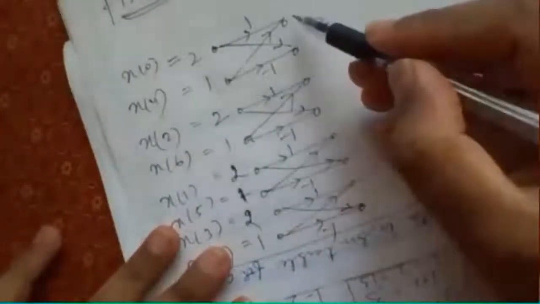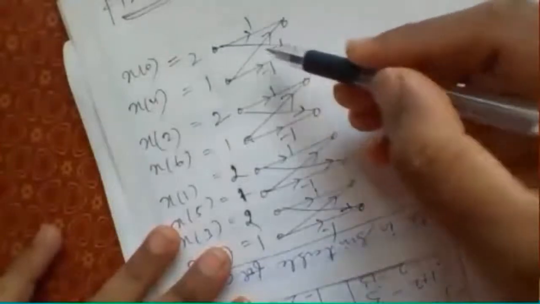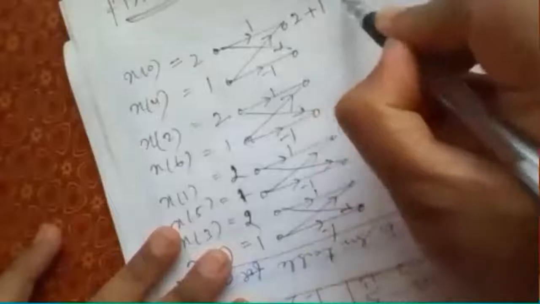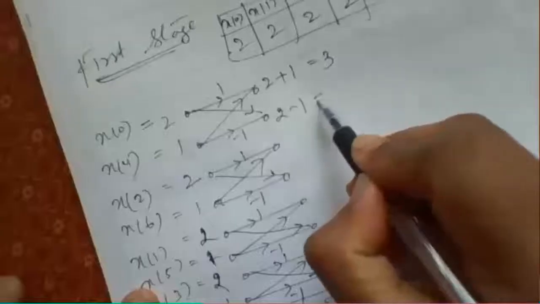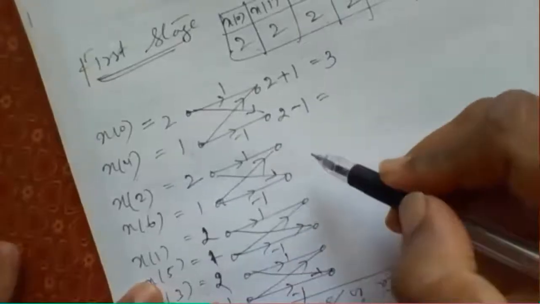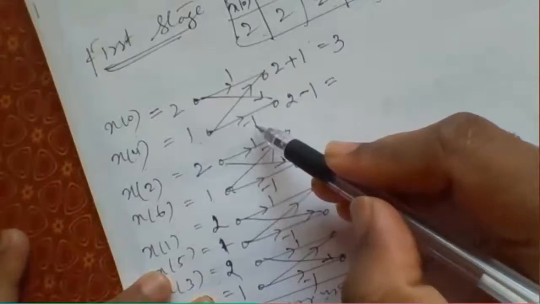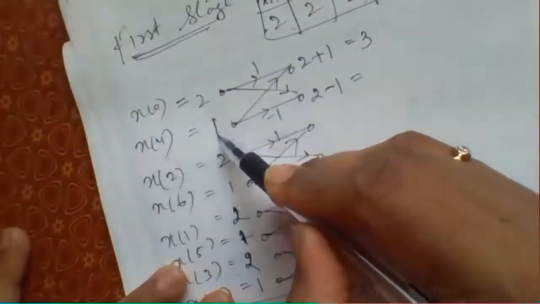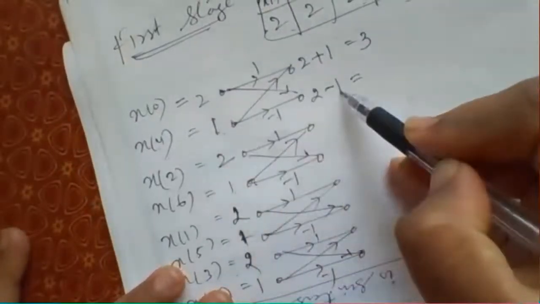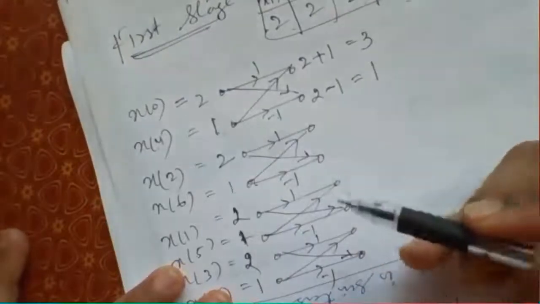Once this is ready, it is simply addition and subtraction between the corresponding values. So here it is 2 plus 1, that is equal to 3. Next, 2 minus 1. You need not again multiply by minus, because the negative sign is already included on the signal flow graph itself. So directly you multiply the sample value: 1 into minus 1, minus 1. So 2 minus 1 is 1.